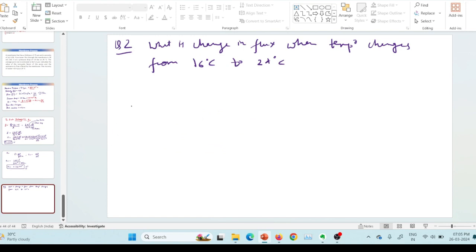So we need to calculate the change in flux J when the temperature is 16 and when it reaches 24 degrees Celsius. So what all data do we have here?